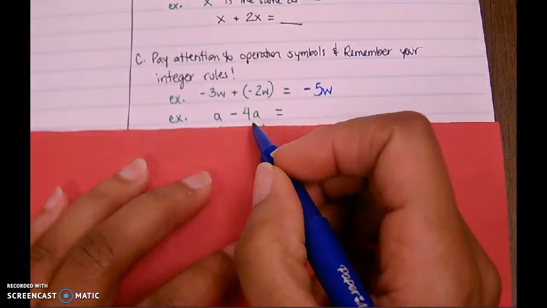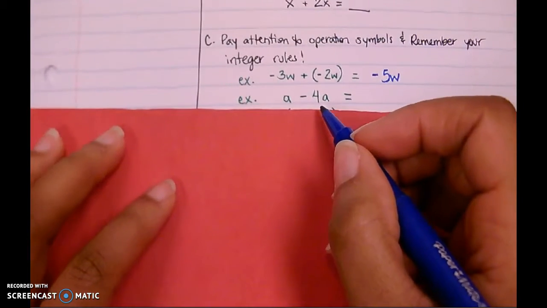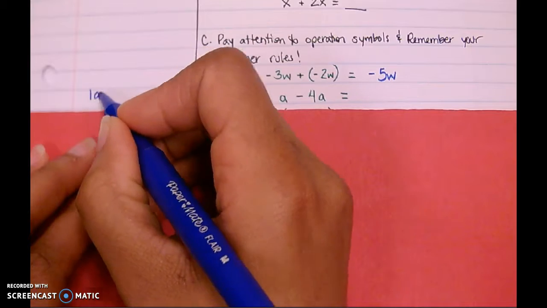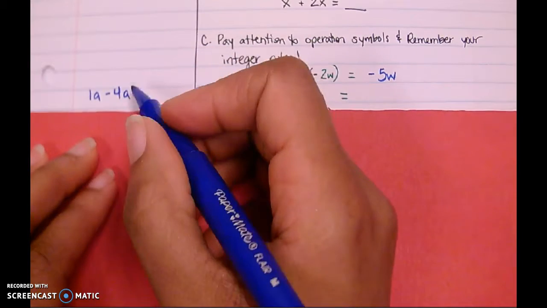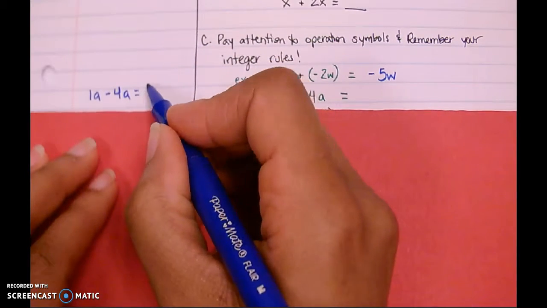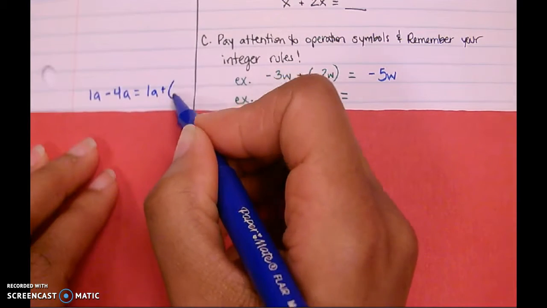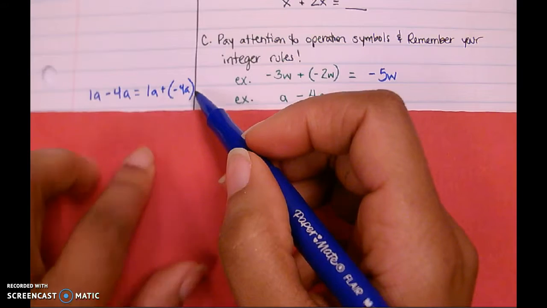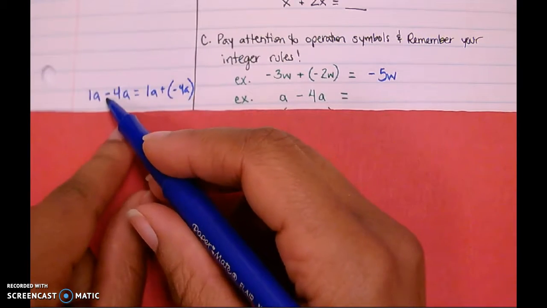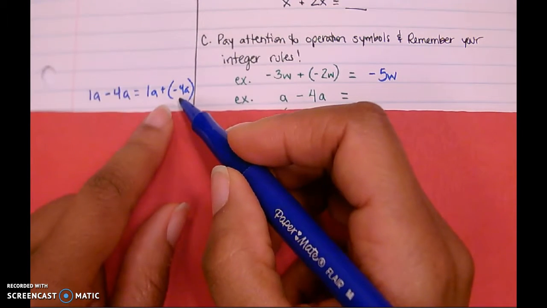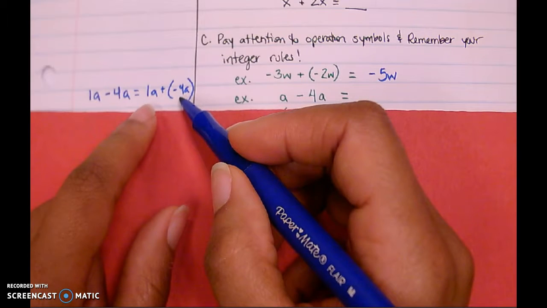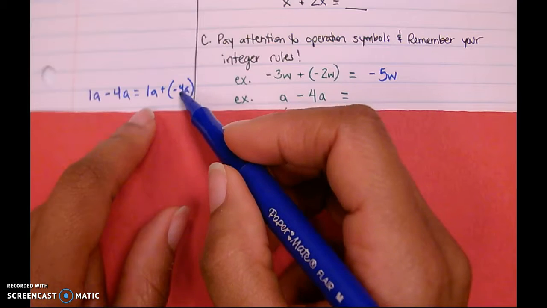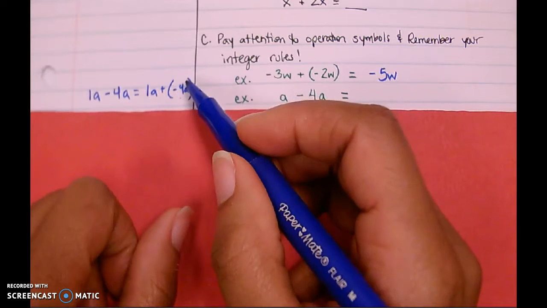So if it makes it easier for you to think of it mentally this way, 1a minus 4a is the same thing as 1a plus negative 4a. Okay? So now that I've converted this from a subtraction problem to an addition problem, I can use my integer song: same signs add and keep, different signs subtract, keep the sign of the higher number, then I'll be exact.